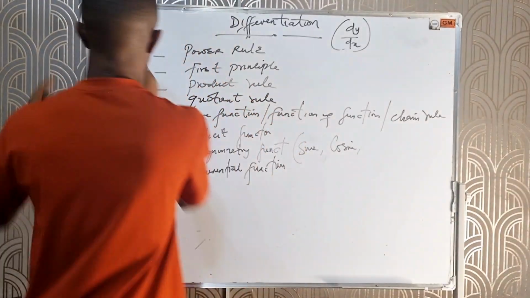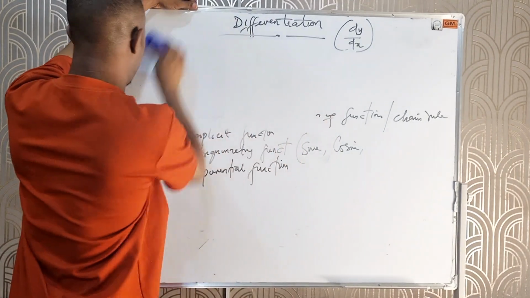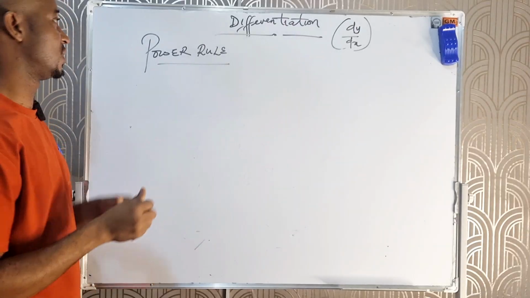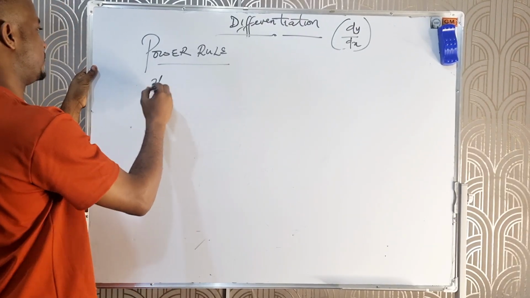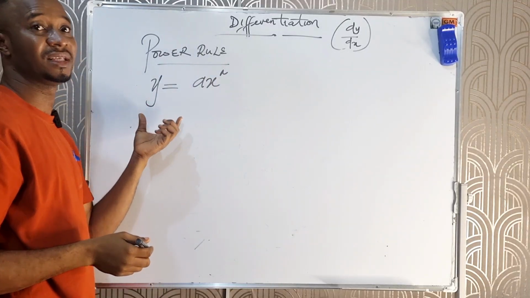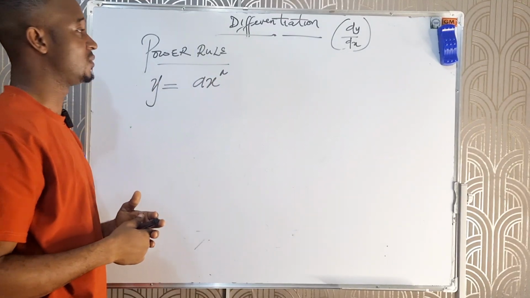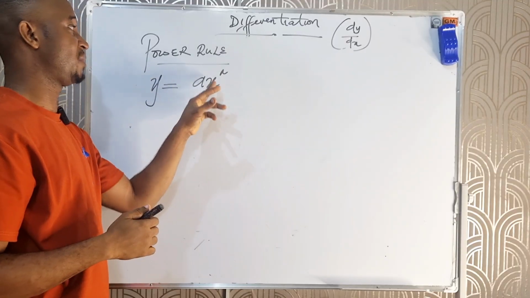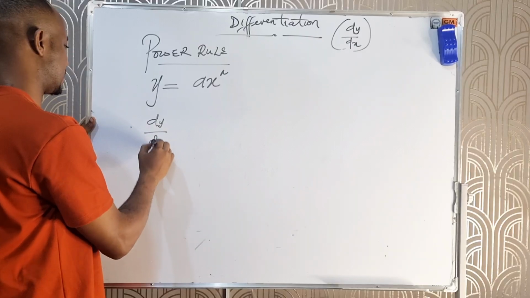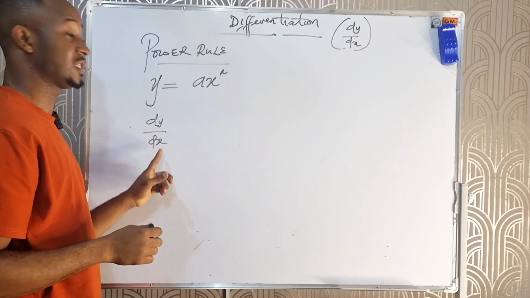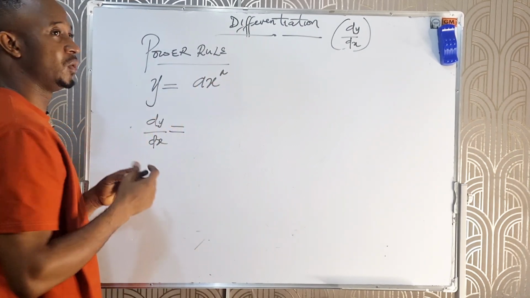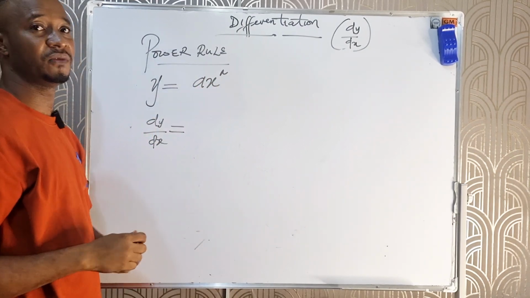So the first rule we're going to look at is the power rule of differentiation. The power rule says if y equals a x to the power of n, where y is called the dependent variable, x is called the independent variable, a is called the coefficient, and n is called the exponent or the power, then dy/dx, meaning the rate of change of y with respect to x, is equal to multiplying the power n with the coefficient a and subtracting 1 from the power.